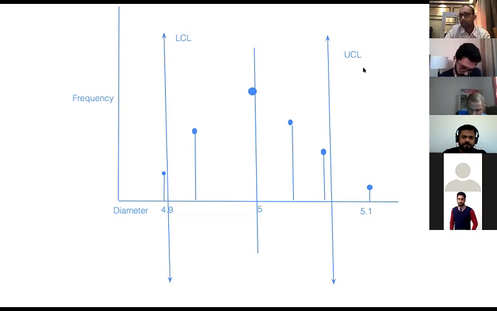If the dimension is more than the upper control limit, it is rejected. So this number of bolts which are at 5.1, they are rejected. And anything lower than the lower control limit, like this line, this 4.9, all these materials which had 4.9 dimension are rejected. They are not acceptable.